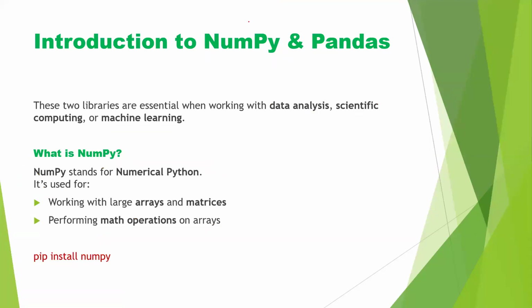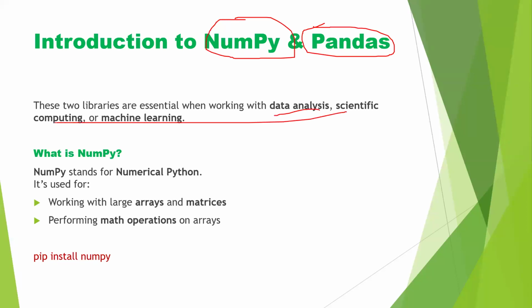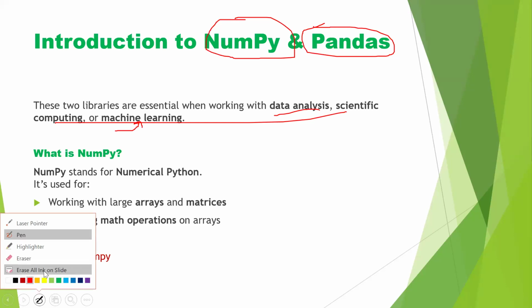We are going to see what is NumPy and pandas. The two libraries, NumPy and pandas, are used in data analysis, scientific computing, and also in machine learning. Basically, those two libraries are used for that case.